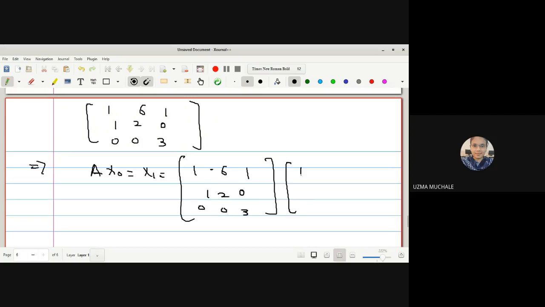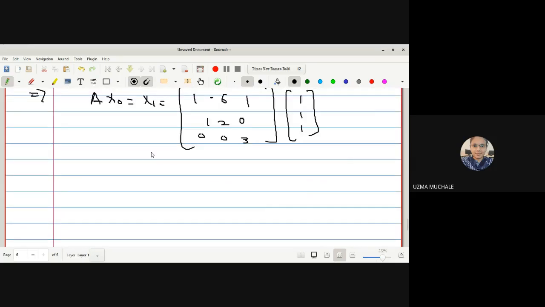What x naught do we choose? 1 1 1. And what is lambda naught? It is 1. Let us choose the initial approximation: lambda naught is 1 and the corresponding eigenvector is 1 1 1. We get A into x naught is equal to x1.